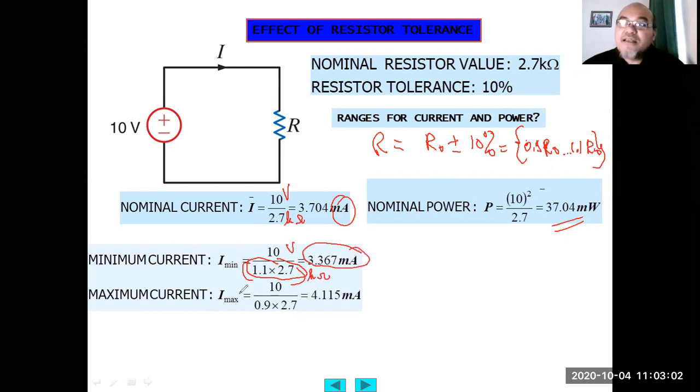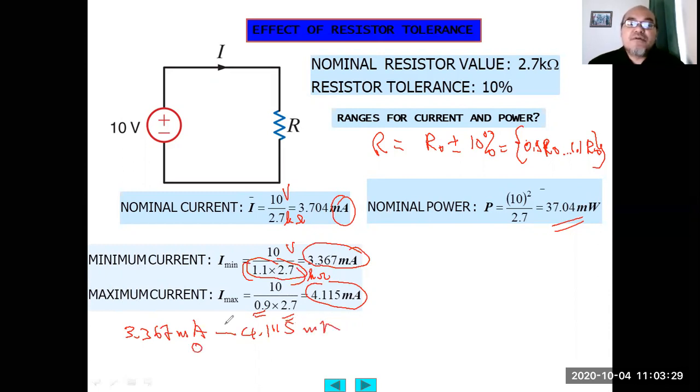The maximum current happens when the resistor is at its minimum value, which is 0.9 multiplied by 2.7 kilo ohm. So the maximum current will be 10 divided by this value, which equals 4.115 milliampere. Your friend asked then, from 3.367 milliampere towards 4.115 milliampere, the range is about 0.7 milliampere.